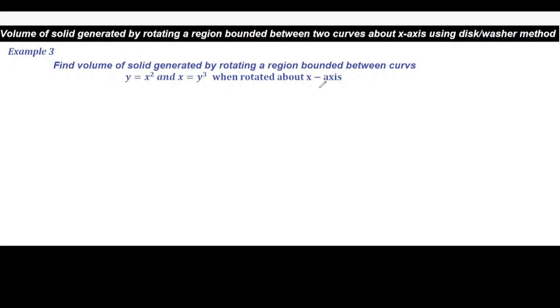So first again we have to draw both the curves and identify the bounded region. As the region is bounded by two curves, to find the region, first we need to find the point of intersection between the curves such that we can draw a proper picture.